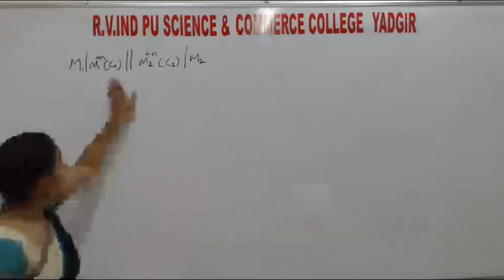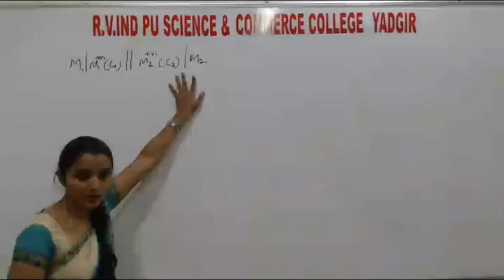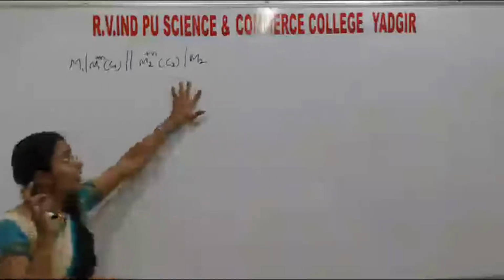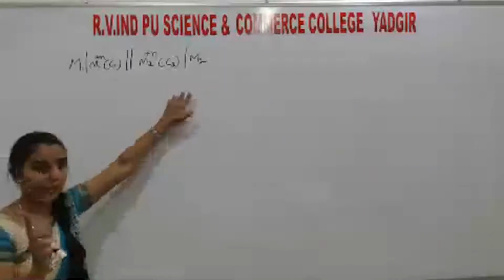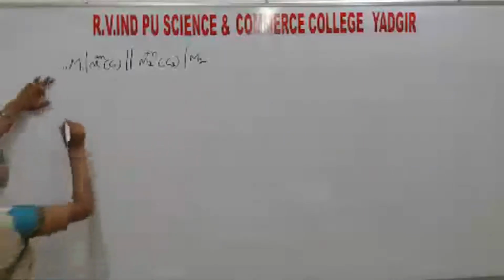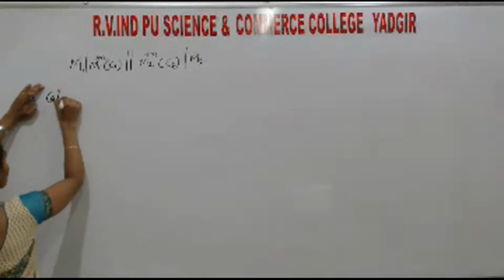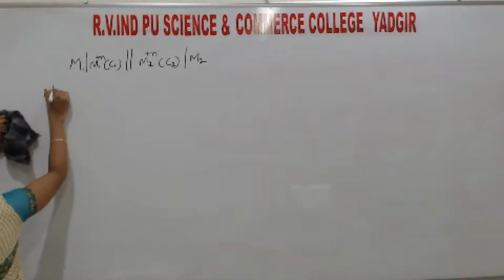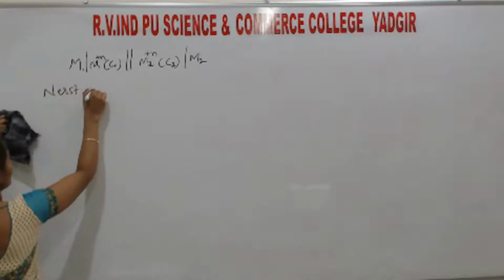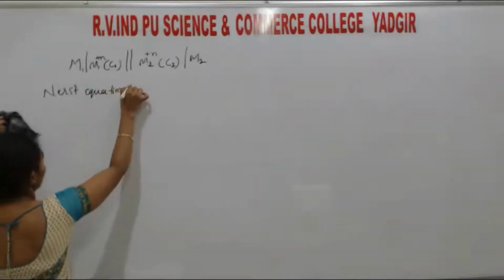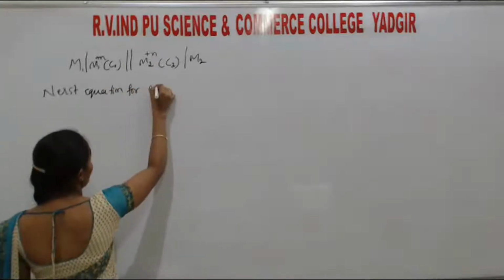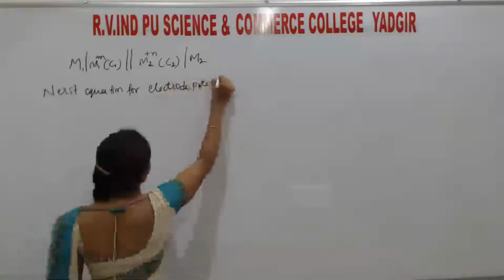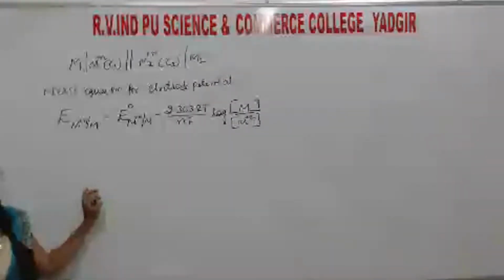So students, based on this type of cell representation, Nernst introduced two sets of equations. Okay, so I'll write here. First one is the Nernst equation for electrode potential.